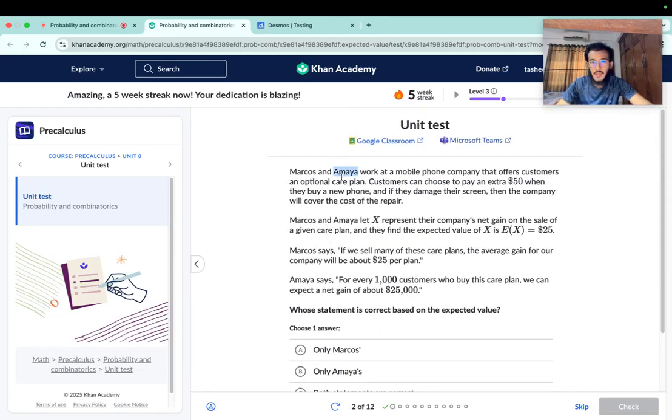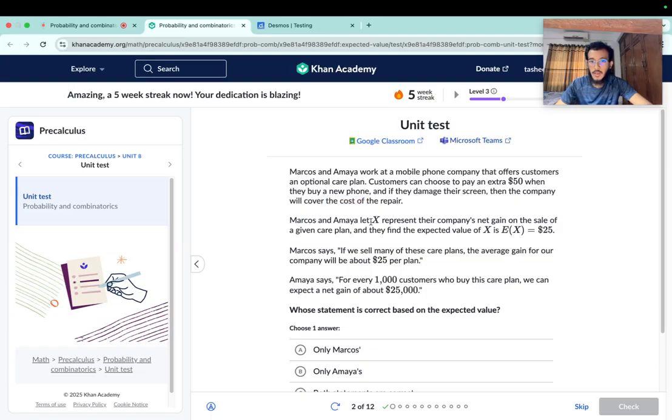Marcos and Amaya work at a mobile phone company that offers customers an optional care plan. Customers can choose to pay an extra $50 when they buy a new phone, and if they damage their screen, then the company will cover the cost of the repair.